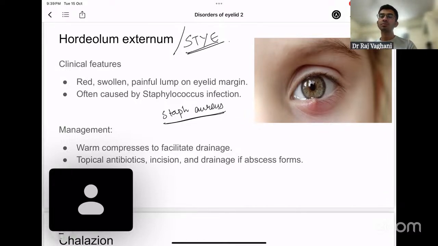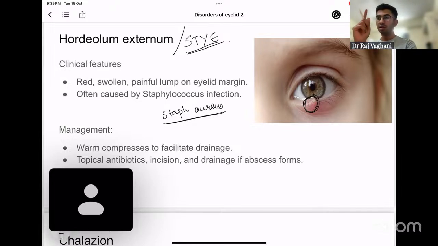The clinical features of hordeolum externum include a red, swollen, painful lump on the eyelid margin. You can see here in this child's eye, there is a painful swelling like a pimple, and you can see that it is filled with pus and looks very painful.